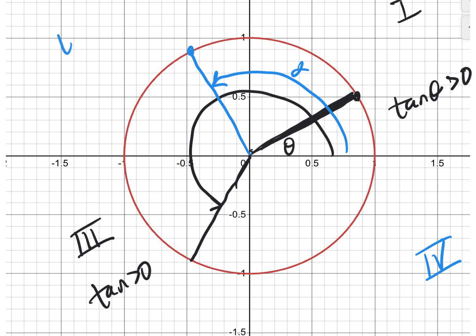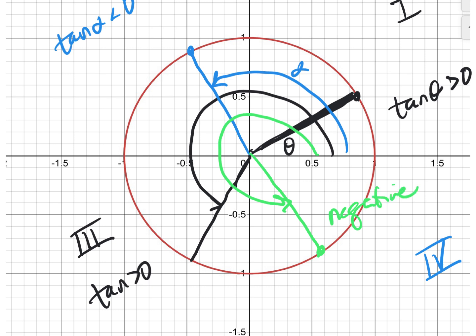So here tangent is going to be negative. And the same for an angle that's all the way around in the fourth quadrant. Notice that that line in the fourth quadrant that is created has a negative slope. So the tangent of alpha is negative, less than 0.